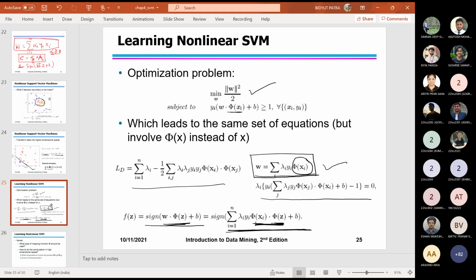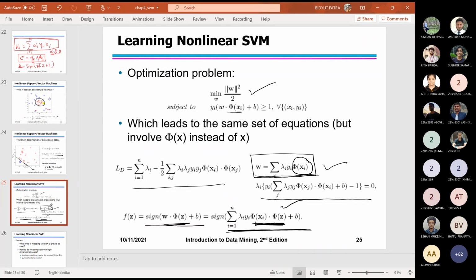What is there in the equation? Alpha y_i, where alpha is the Lagrangian multiplier. And this part is the unknown object, and this is the dot product of the unknown object with all the objects in the training data set which have lambda greater than 0. With those only you do the dot product.